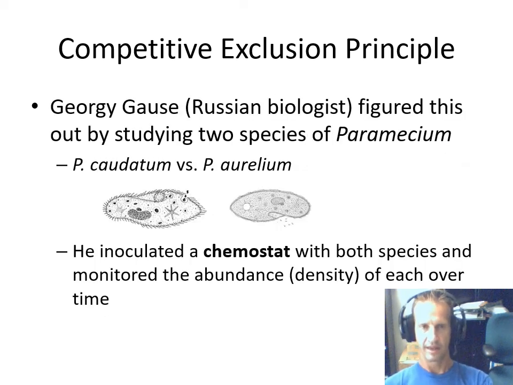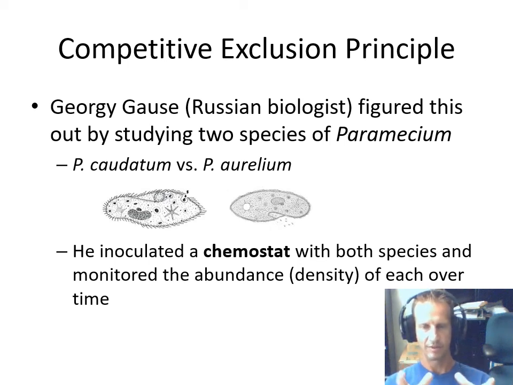The study system that Georgy Gause based his theory of the competitive exclusion principle on was a simple planktonic system with two types of heterotrophic protists in the same genus, Paramecium caudatum and Paramecium aurelia. They are both single-celled eukaryotic organisms that go around in the plankton and eat small particles of food like bacteria or detritus.